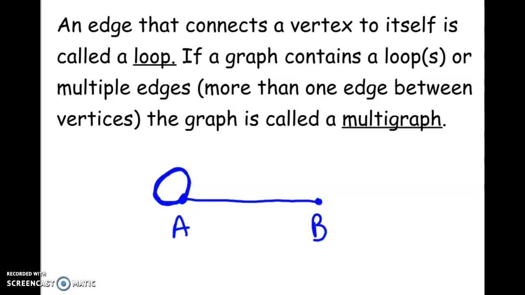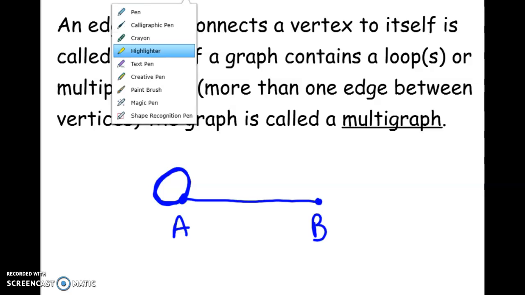When you want to count how many edges are coming from A, we actually need to count this twice. So we have an edge coming from here, an edge coming from here, and an edge coming from here. So there are actually 3 edges coming from A. Okay, so that's that loop idea.